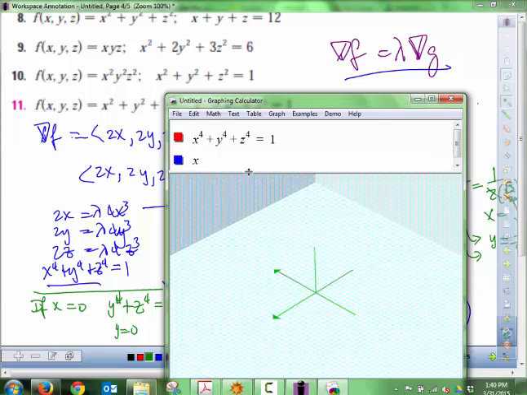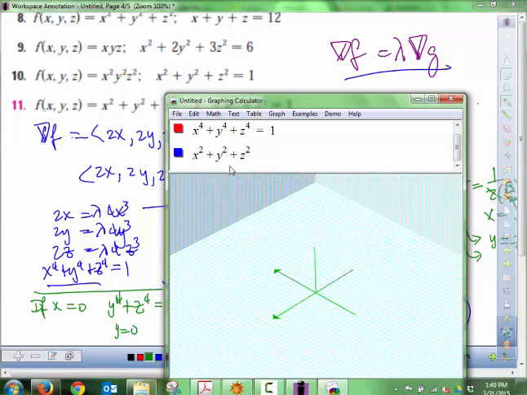So, x squared plus y squared plus z squared. Now, in terms of the function, this is my function. This is what I'm trying to maximize.